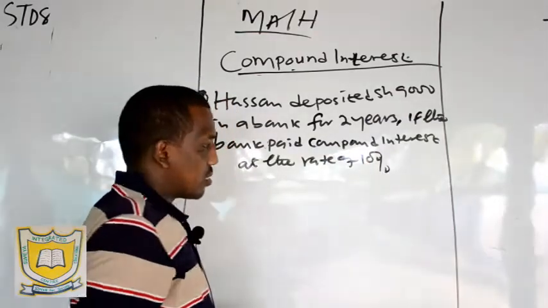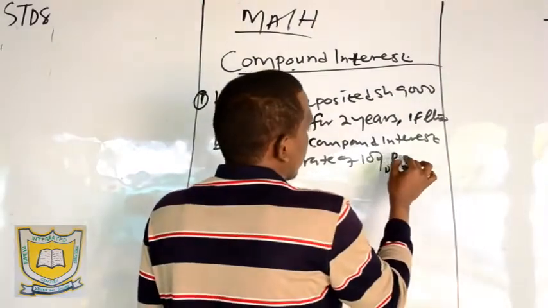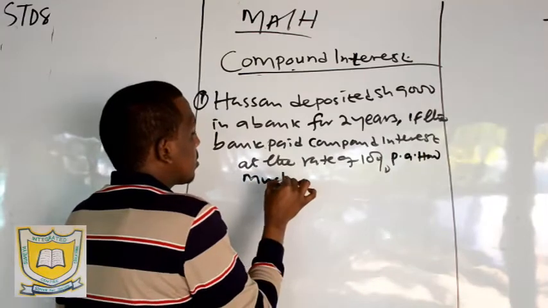If the bank pays compound interest at the rate of 10% per annum, how much interest did he earn?